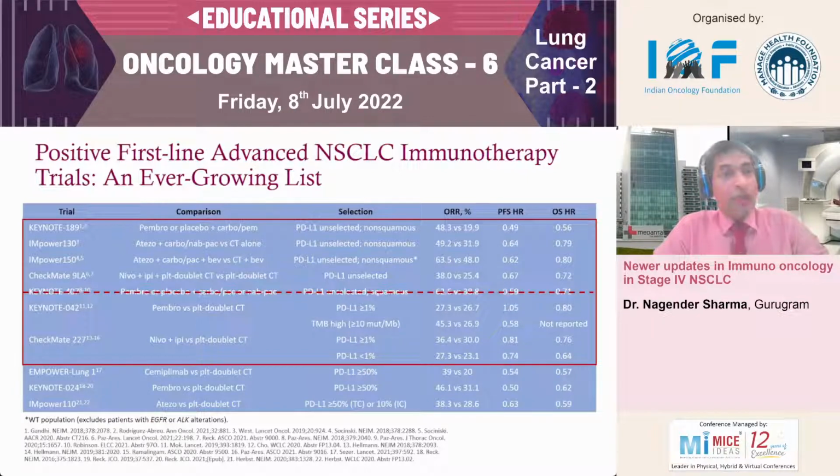Then came the Keynote 407 trial for squamous histology, and the Keynote 042 trial for pembrolizumab versus platinum doublet chemotherapy, in which PD-L1 is greater than 1%. Checkmate 227 Nivo-Ipi trial, in which TMB high or low along with PD-L1 were taken into consideration. Empower Lung 1, Keynote 024, and Empower 110 trials are there, in which cemiplimab and pembrolizumab were used.